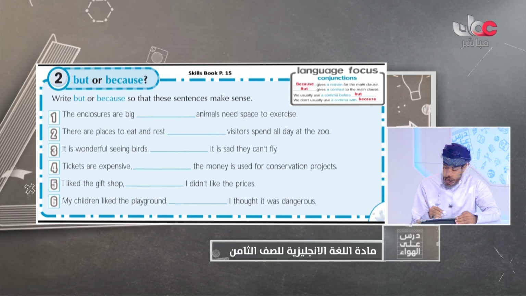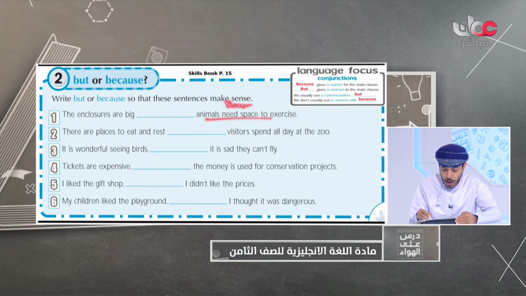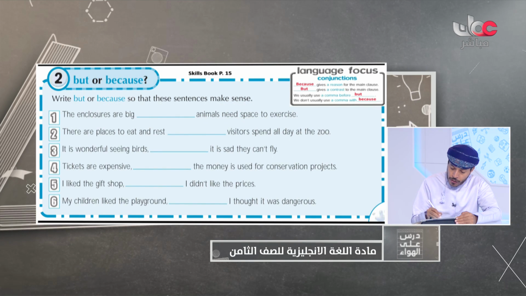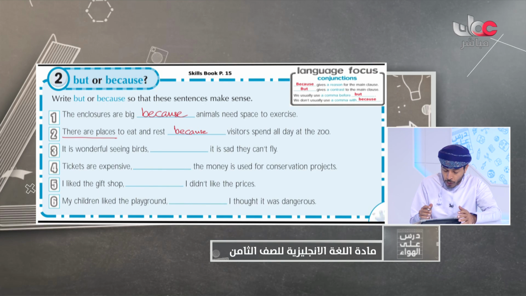So how can we answer this question? Conjunctions. Look at them. The first one: the enclosures are big. Animals need space to exercise. So this is a reason, right? So if it is a reason, the answer here is because. Number 2: there are places to eat and rest because visitors spend all day at zoos.